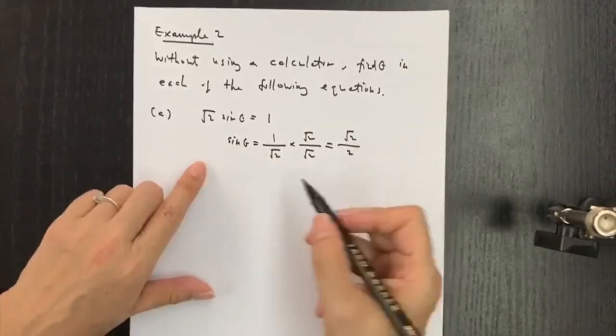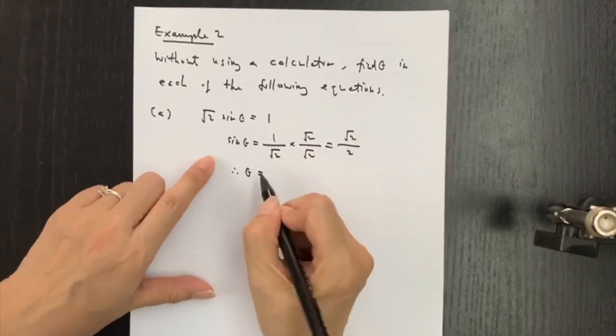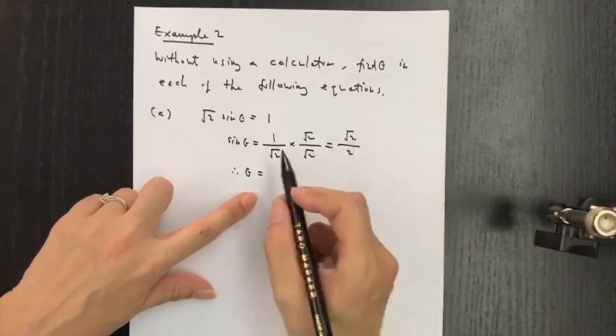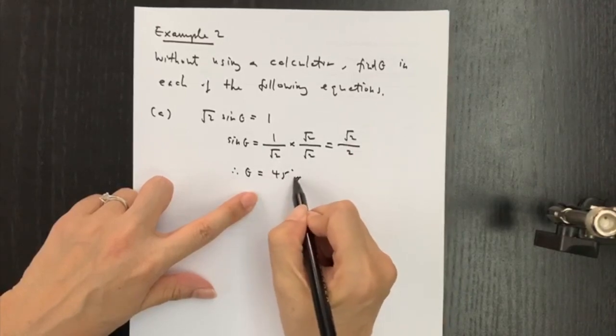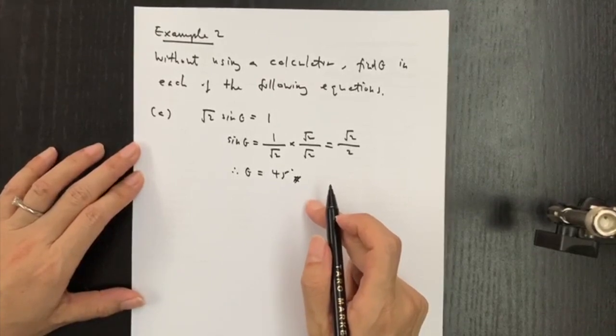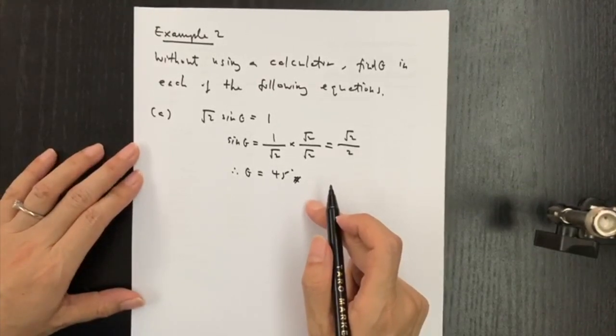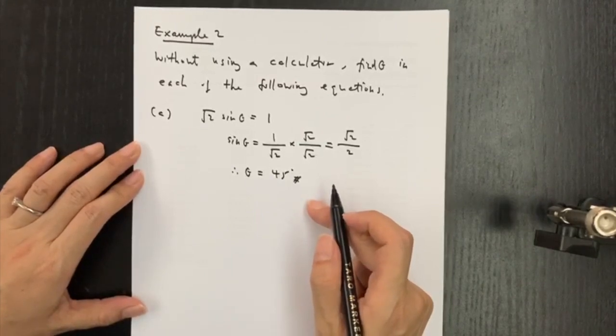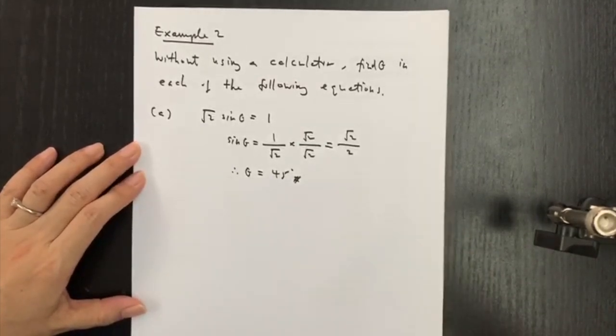Therefore, what is the value for theta when sine theta is equal to root 2 over 2? The answer is 45. This is how we don't use a calculator. We can still find theta, because we have these special angles in this chapter.